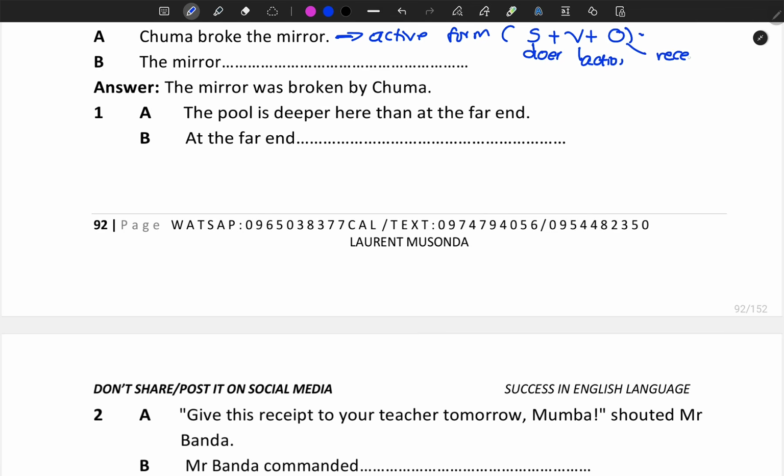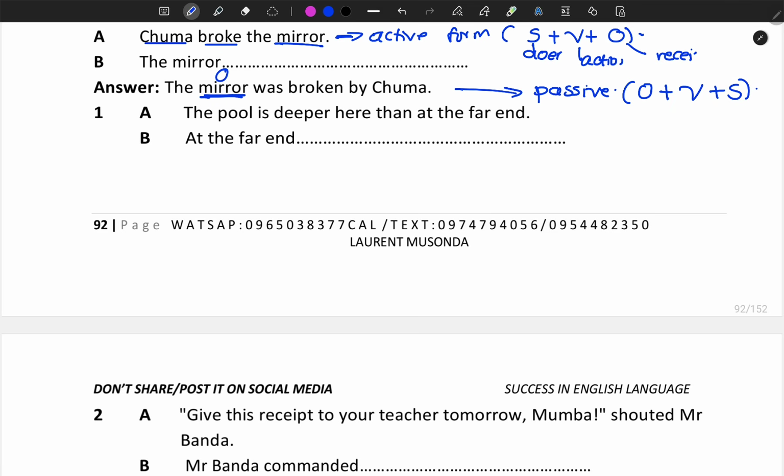Object is where the action is landing, or the receiver of an action. As we can see, Chuma is the doer, broke is the verb, mirror is the object because that's what received the action. So now to rewrite this sentence, since we are beginning with the mirror, which is the object, we need to change this into passive voice. The way passive form works is object plus verb plus subject. That's the formula. So the mirror was broken by Chuma.